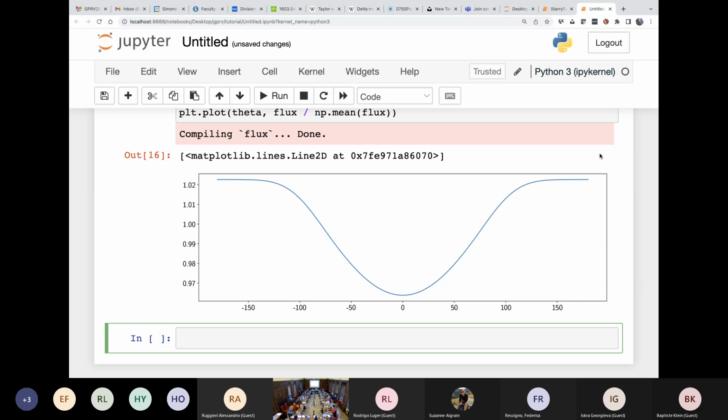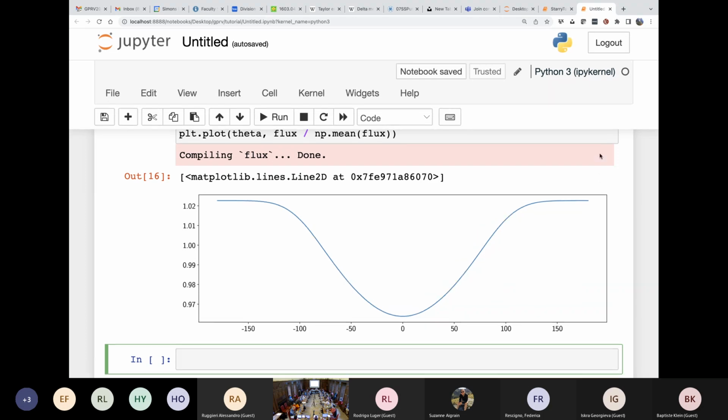I can also compute the radial velocity, or the approximate radial velocity that I'd measure. Now note that I don't have any spectra here. We'll get to that later. But an approximate way to compute the radial velocity effect of a spot on a star is to compute the integrals of the velocity weighted intensity normalized by the integrated intensity.